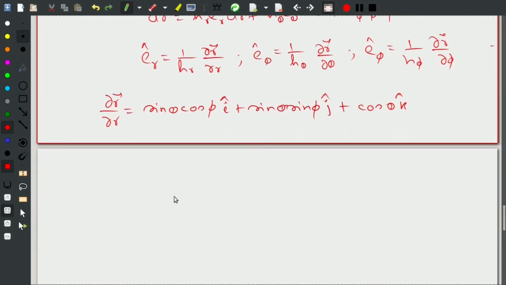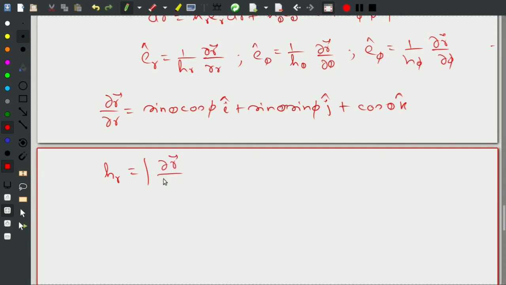Next we have to find this h_r. This h_r is nothing but the modulus of dou r vector divided by dou r. So it is nothing but the square root of dou r vector divided by dou r dot itself. So this is a dot product.